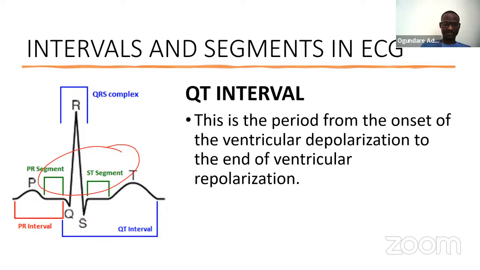Okay. So the QT interval is the period from the onset of ventricular depolarization. Onset of ventricular depolarization is Q. Okay, that's Q. Onset of ventricular depolarization to the end of ventricular repolarization.